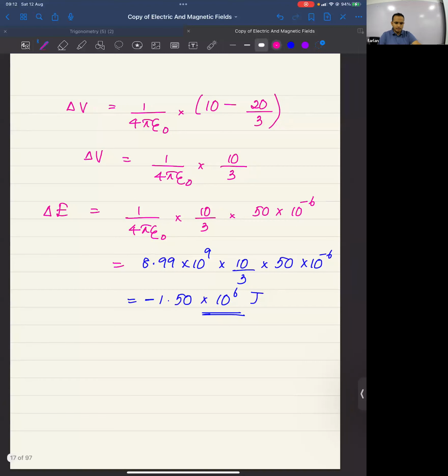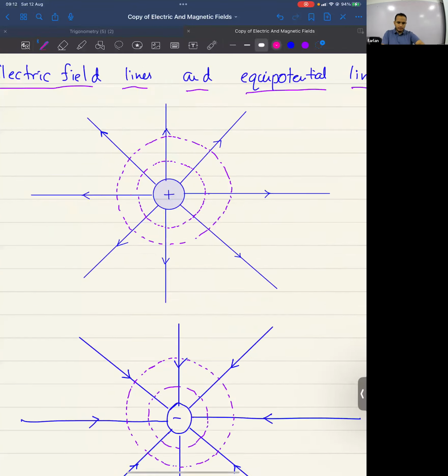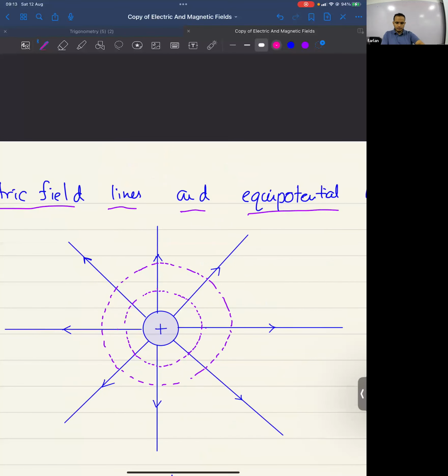Right, guys, write down the subtopic: electric field lines and equipotential lines.